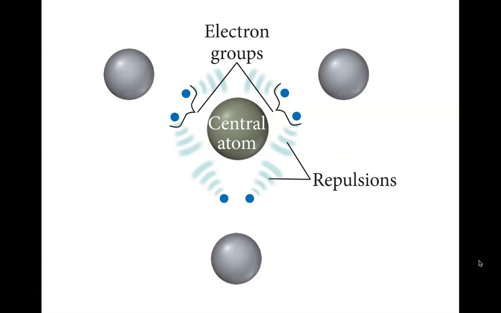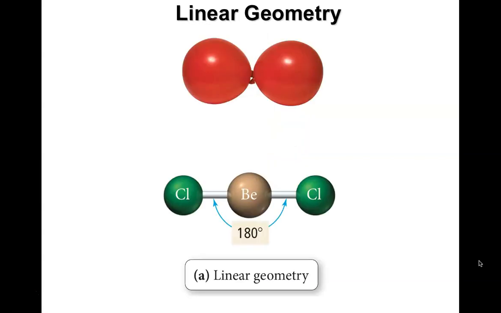The three silver atoms form a triangle at 120 degrees. Therefore, it's the farthest apart that can happen based on this makeup of your molecule. Going through a little bit, here's linear geometry, 180 degrees. Yes, you need to be aware of the angles.